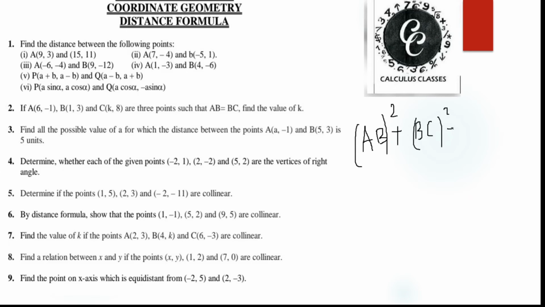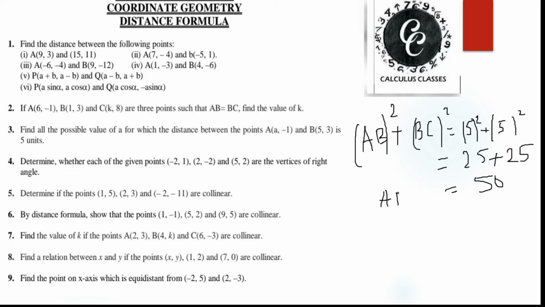AB was 5, so 5 squared, and BC was again 5, so 5 squared. So it will be 25 plus 25. What will come? 50. See, it is 50 as we found in the previous case.